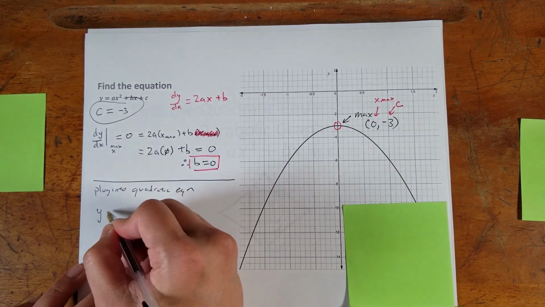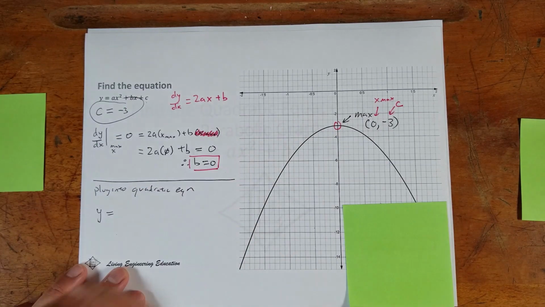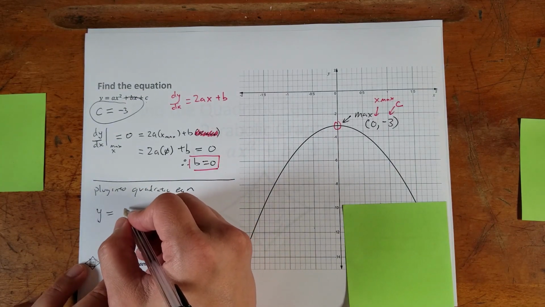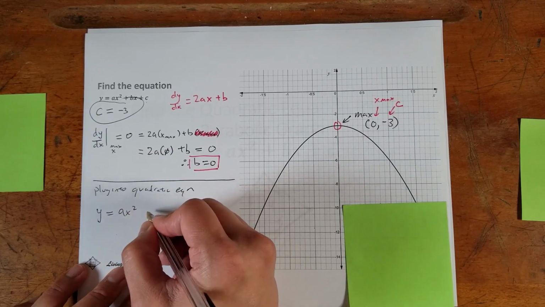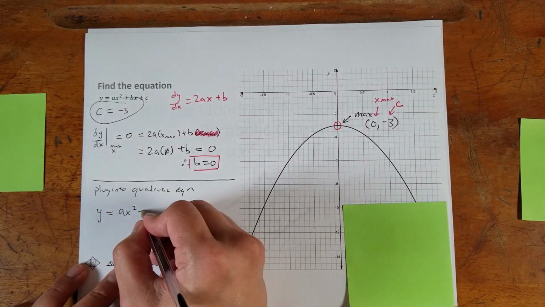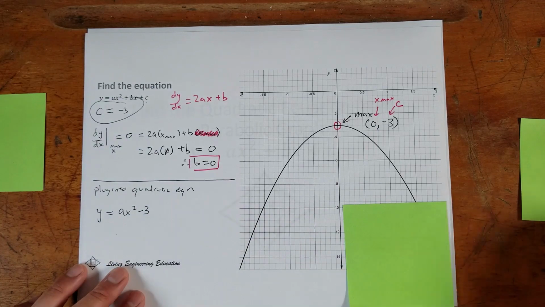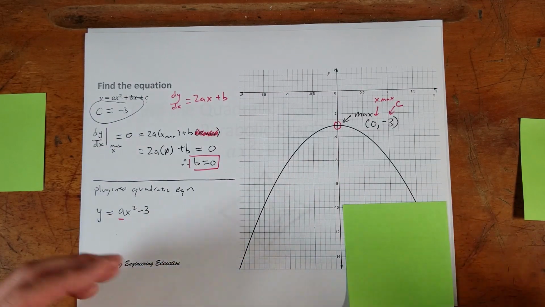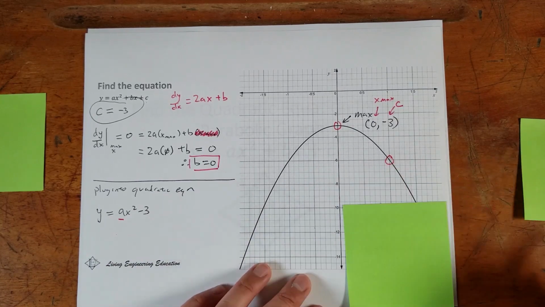And what do we get? We get y is equal to ax squared, no b term, minus 3. So last thing we need to solve for is a. So we can find another point. Let me choose this point.